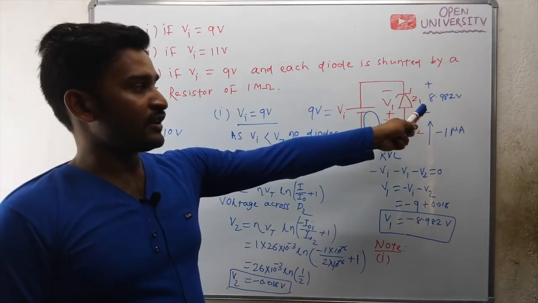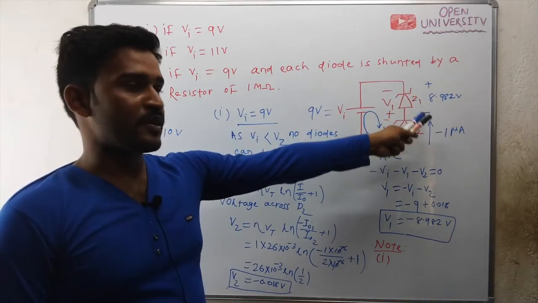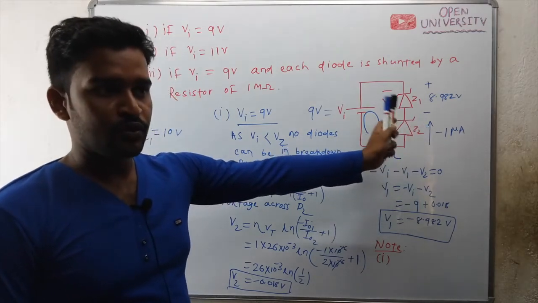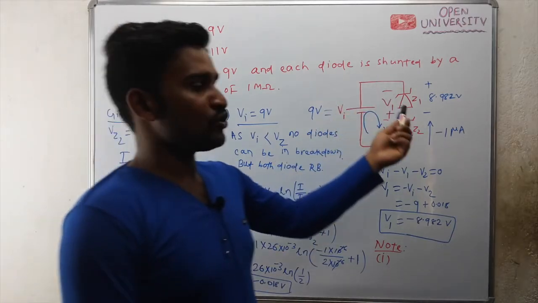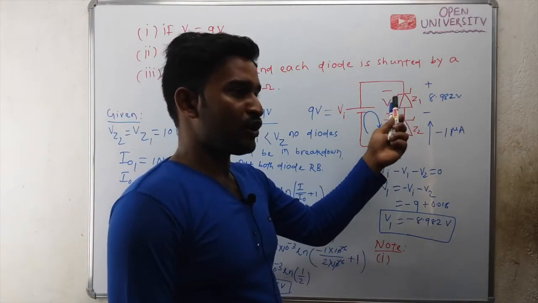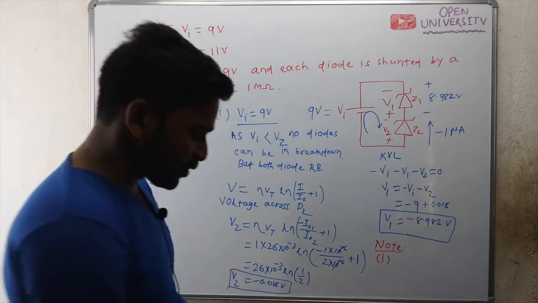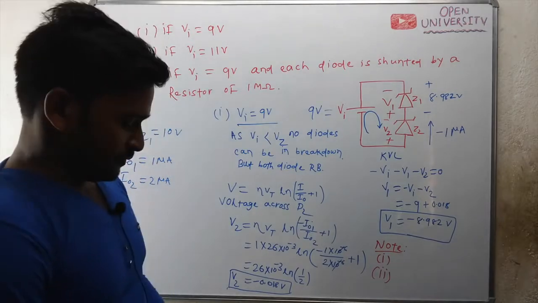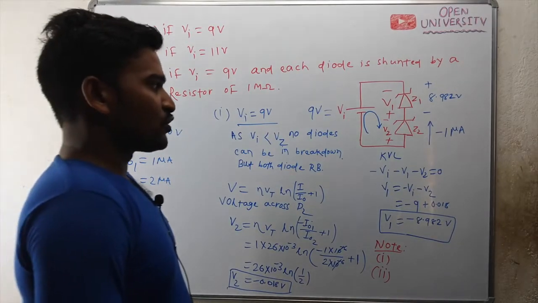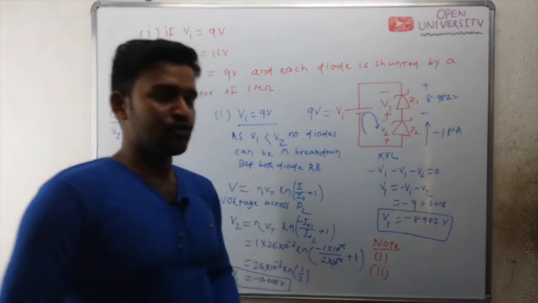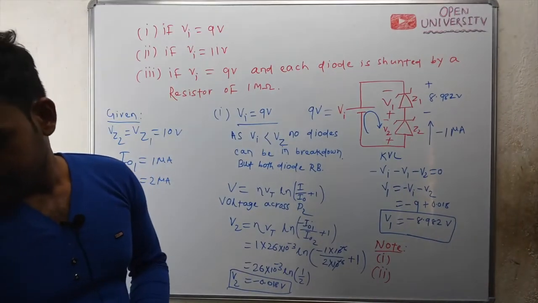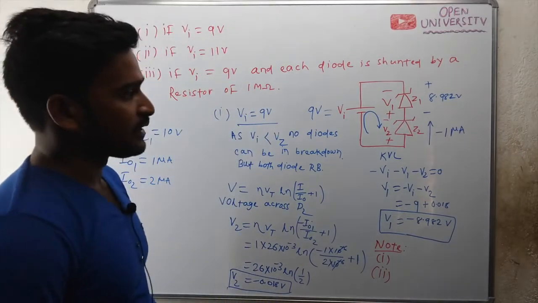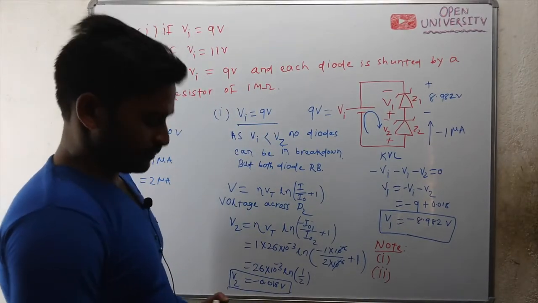The reverse saturation current of Z1 was I01 equal to 1 microampere and that of Z2 was I02 equal to 2 microampere. Second point, equal voltage will drop across each diode if their reverse saturation currents are equal.